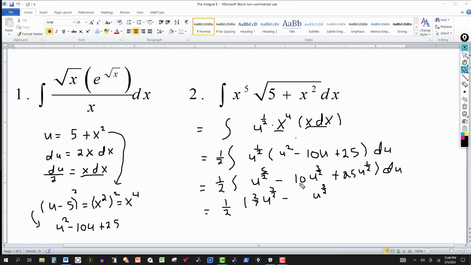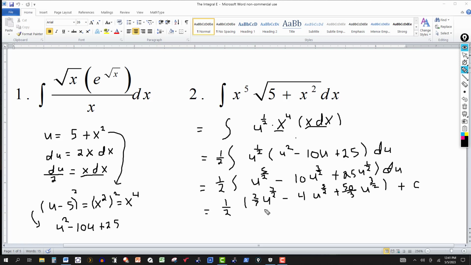And we divide the minus 10 by 5/2, you invert it, multiply, this comes out to minus 4 u to the 5/2. Plus, next one, add 1 to that, gives me 3/2. And then we divide the coefficient 25 by 3/2, inverted, multiply, so this gives me 50/3. And I've got the constant of integration.